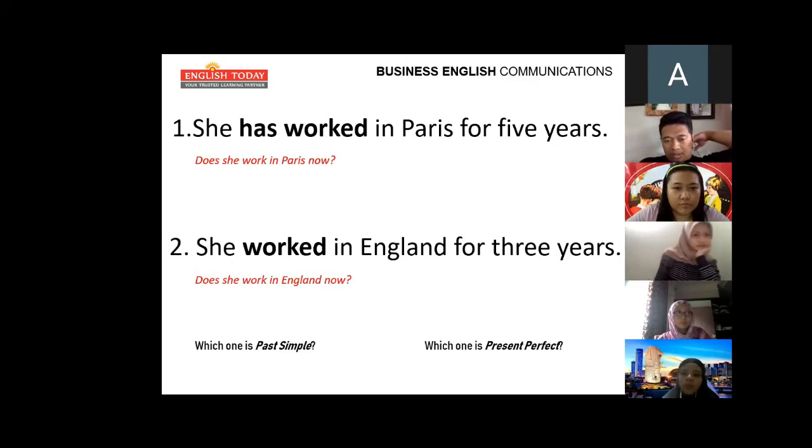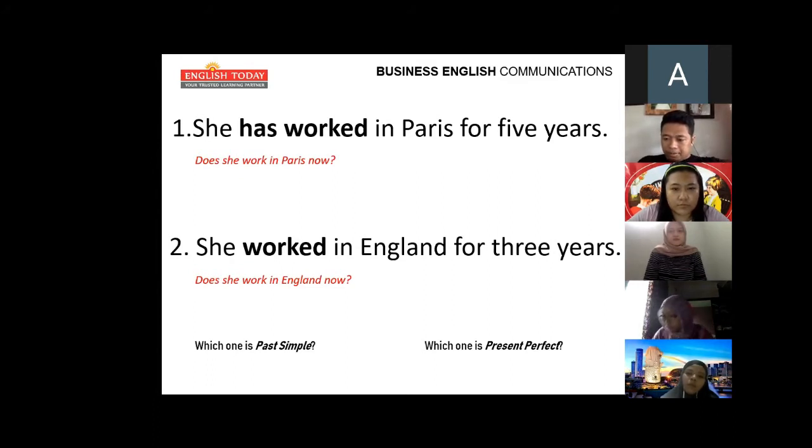Maybe she's back in her home country. The point is she is not in England anymore because it's limited to the past. She worked, verb 2, regular. So she is not there anymore because it just refers to something that happened in the past, not until now.